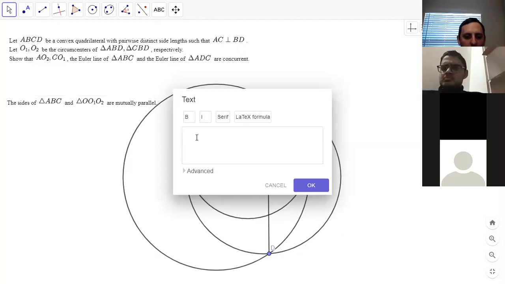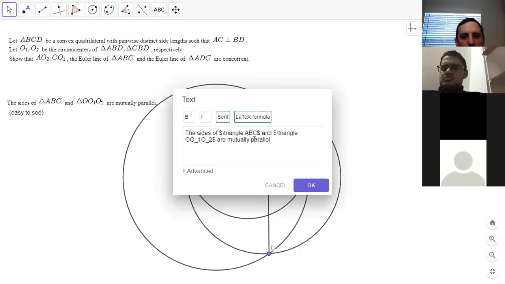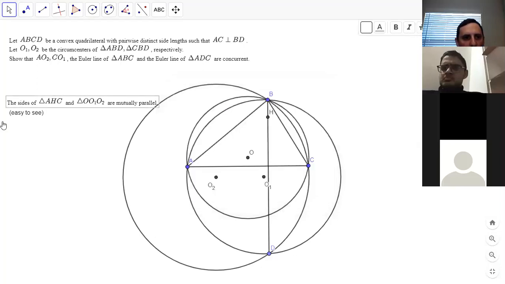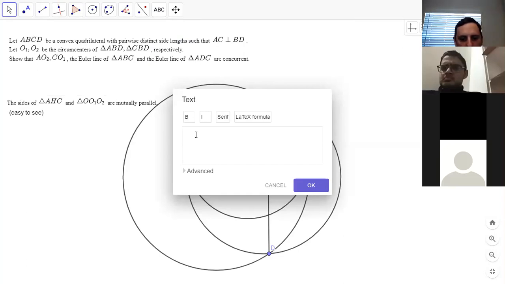That's pretty easy to see. So by Desargues' theorem, oh, I'm sorry, AHC, not ABC. By homothety or Desargues' theorem.